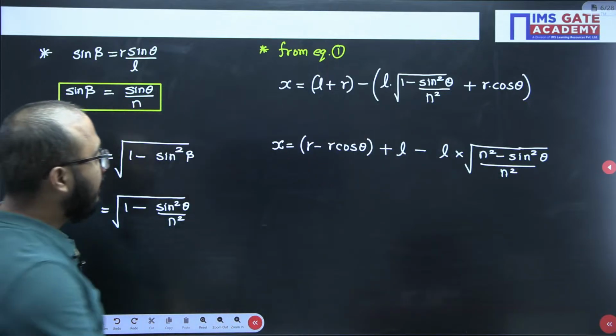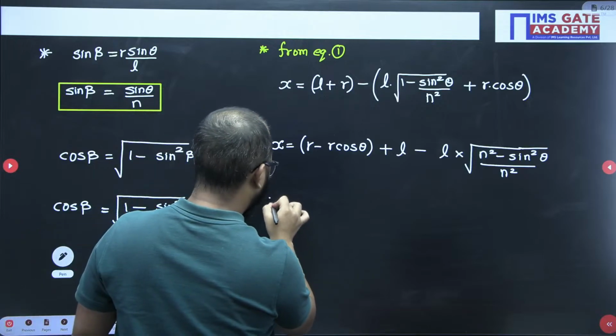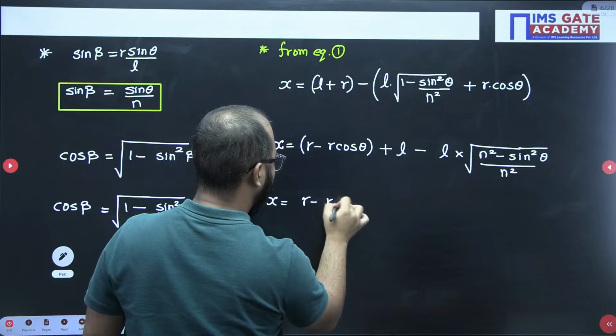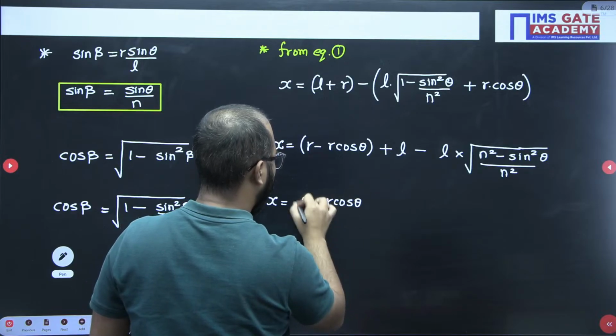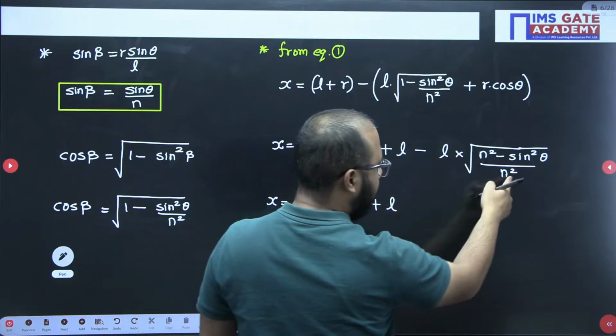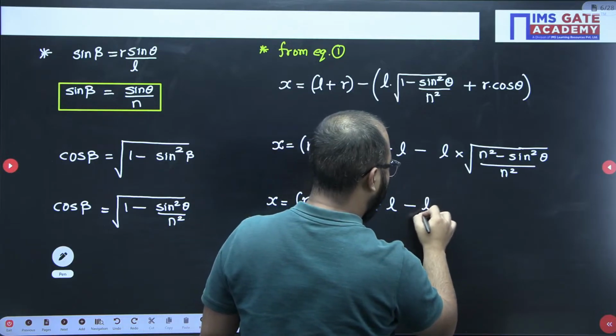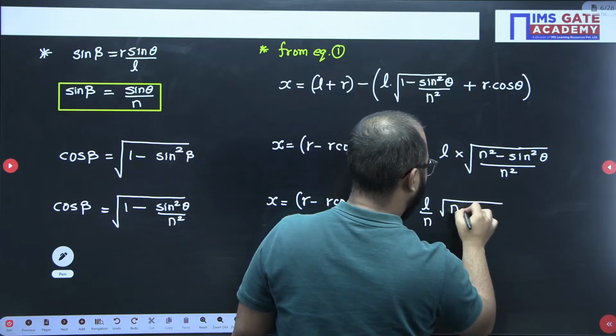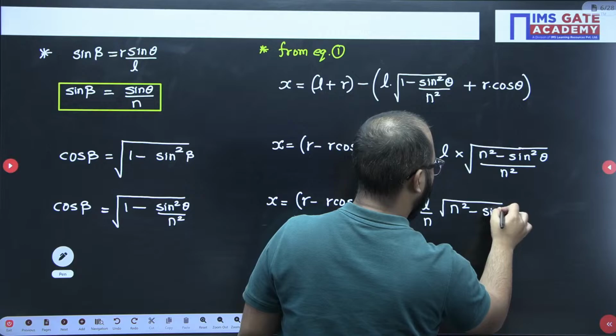So this x value is R minus R cos theta plus L, and n square will come outside because it is a square, so finally it will be L by n, under root n square minus sine square theta.